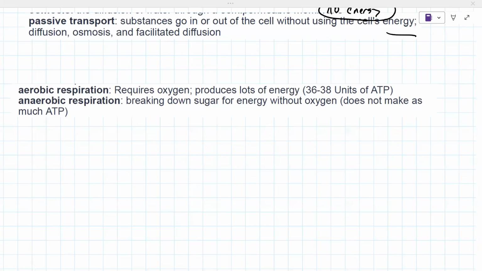I'm asking you to read these two definitions, then we'll try to compare them. Aerobic respiration requires oxygen, produces lots of energy, 36 to 38 units of ATP. Anaerobic respiration, breaking down sugar for energy without oxygen. Does not make as much ATP.